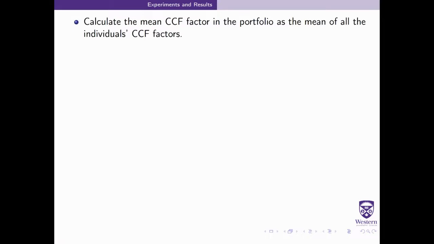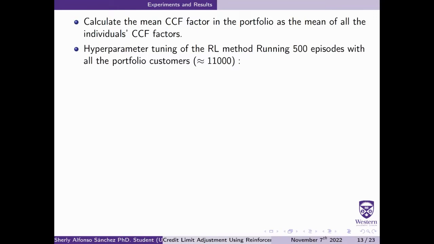So we trained these models, and then our objective was to train the reinforcement learning algorithm. For that, we also need to calculate the credit conversion factor of the portfolio, and that was done using the individual CCF factors as the mean of those values.